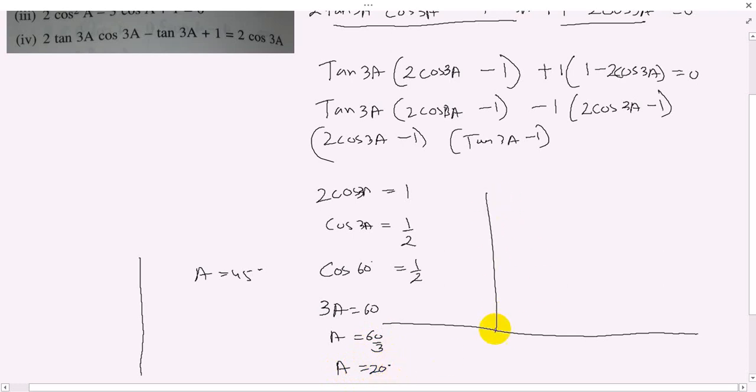Done. Similarly here, tan 3A is equal to 1, and 1 is 45 degree. So tan 45 degree is equal to 1, so 3A is equal to 45 degree, A is equal to 45 by 3, 15 degree.